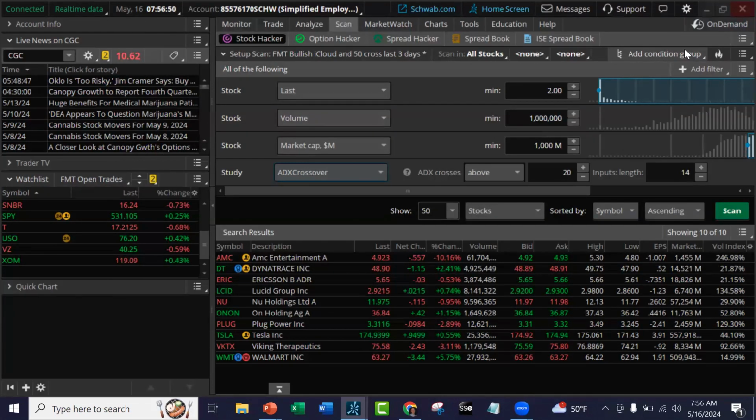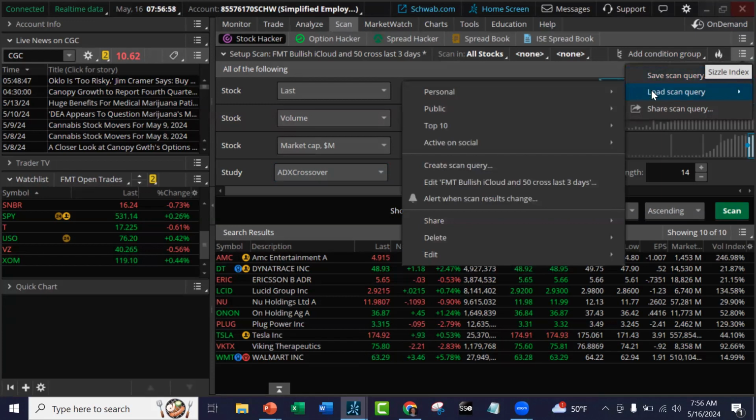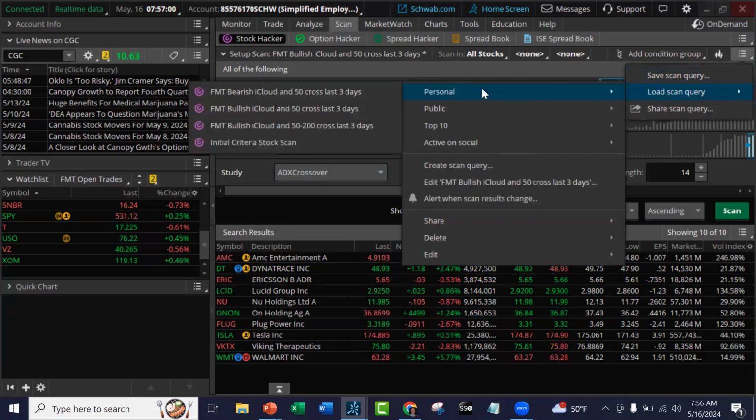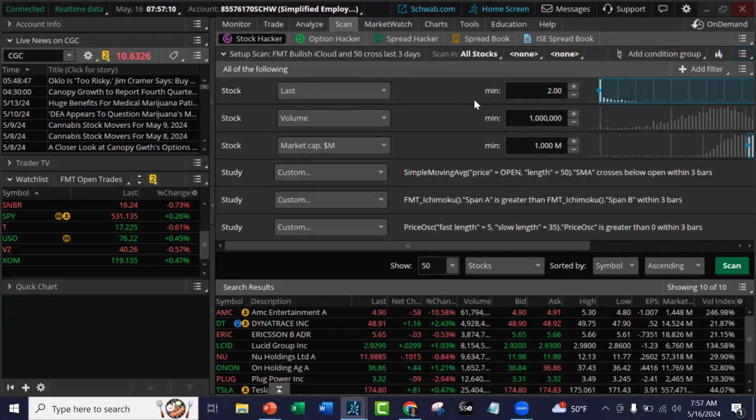And part of what's cool is as you develop a scan, you can save it, you can name it, and then once you do that, you can load it. Here's a list of the ones that I've created and saved. So here's that one we started with, the FMT bullish iCloud 50-day cross last 3 days.